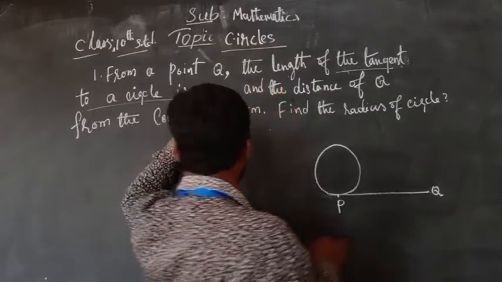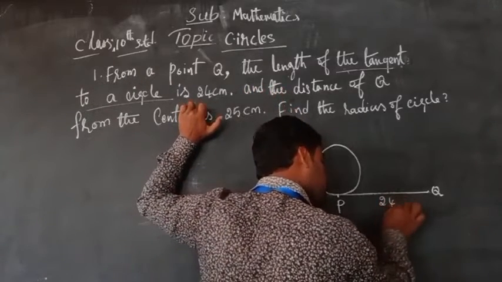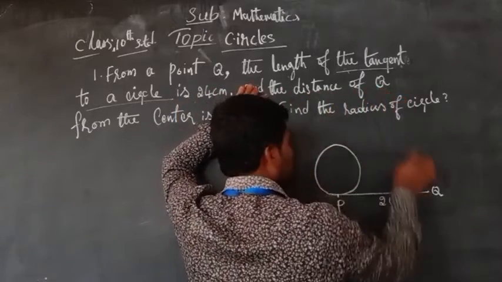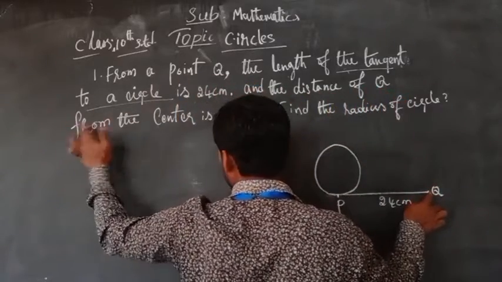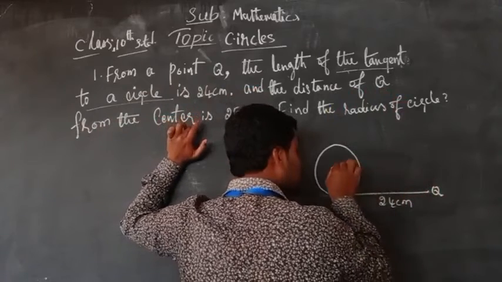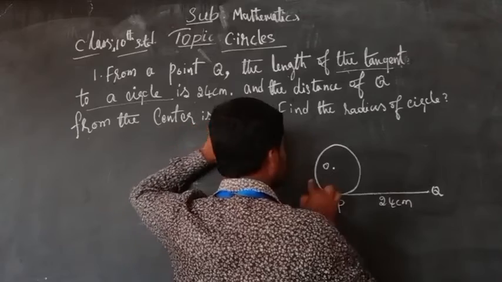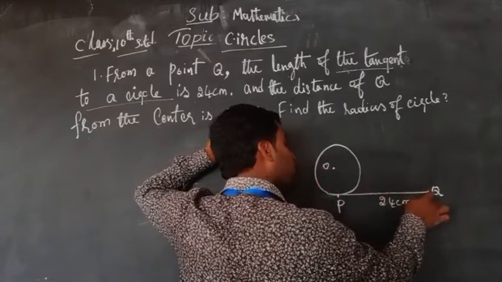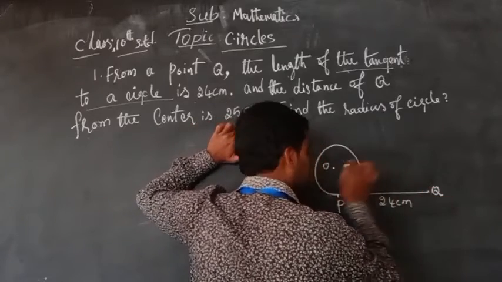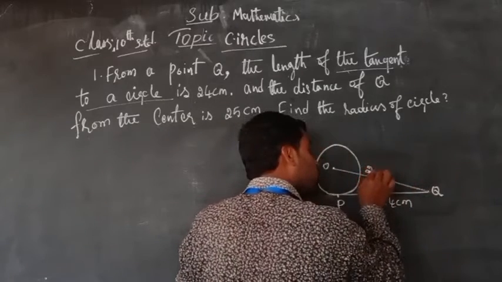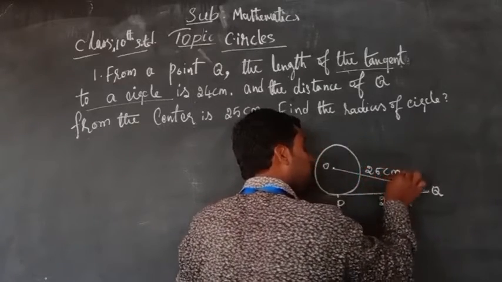Now the given length is 24 centimeter, and the distance of Q from the center. I'll take the center point as O. Now the distance of Q from the center, so I join OQ, is equal to 25 centimeter.